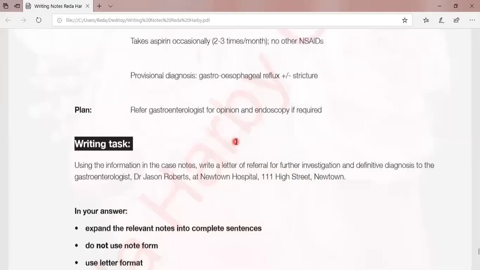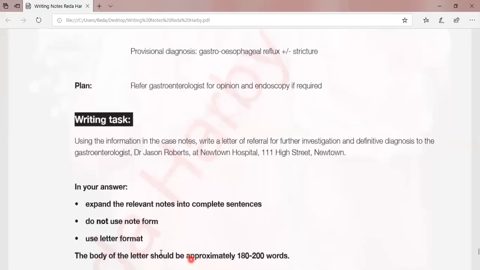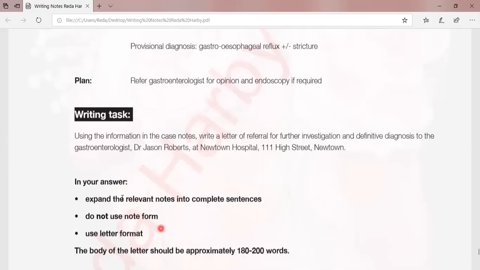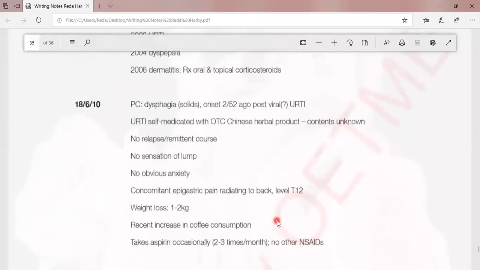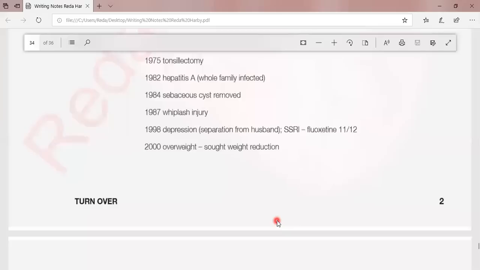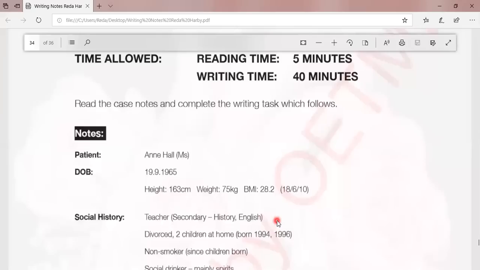Okay, then go up. You have to know that before that, expand the relevant notes into complete sentences. Do not use note form, use a letter format, and you should write from 180 to 200 words. How to go? I will start with the bottom of the exam booklet. Then I will go to the notes.